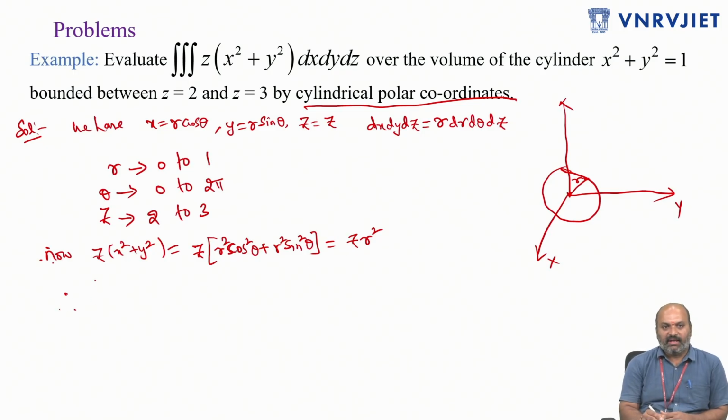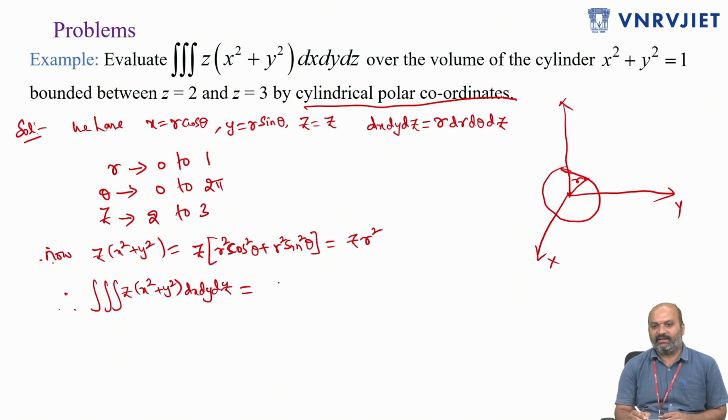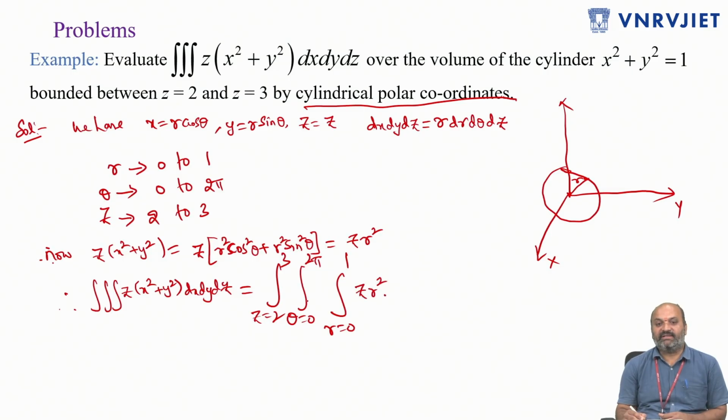Therefore, the triple integral of z into x square plus y square into dx dy dz equals the equivalent integral in cylindrical polar coordinates: z varies from 2 to 3, theta varies from 0 to 2 pi, and r varies from 0 to 1, and the integrand is z into r square into, what is dx dy dz?